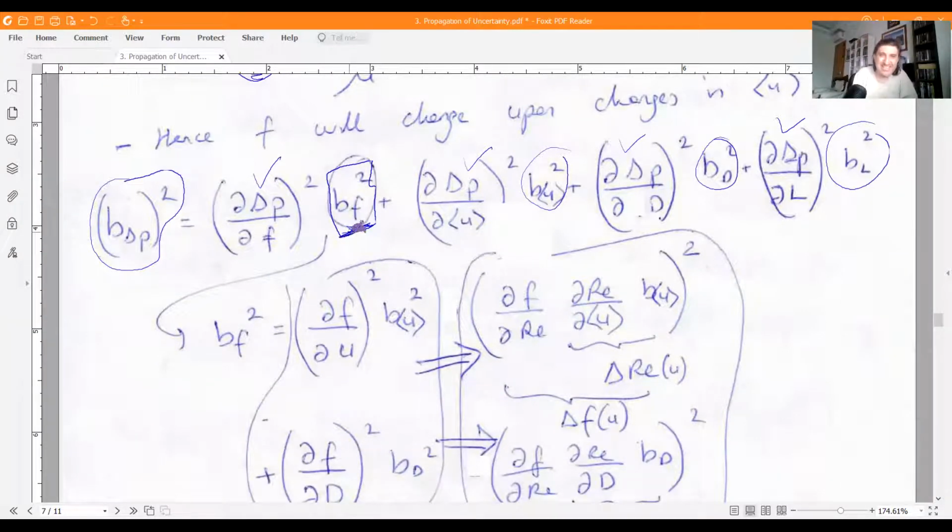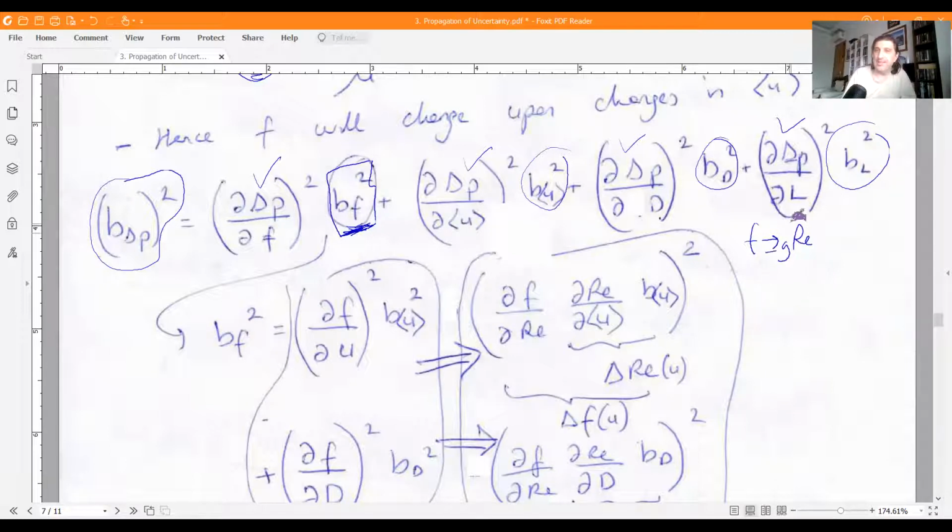Now, let's go into the meaning of that before diving into the partial derivatives. It is simply how much uncertainty we are going to expect in friction factor due to the uncertainties in different variables. And let's see what those variables are, since fanning friction factor is a function of Reynolds number.